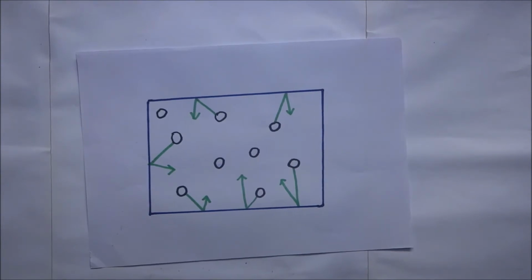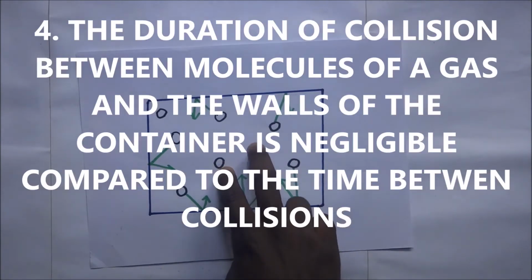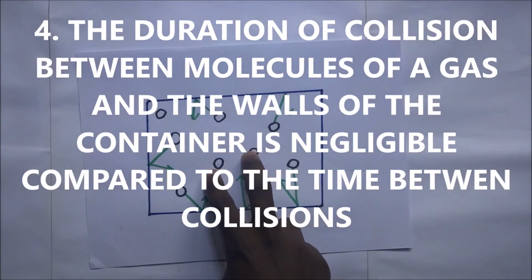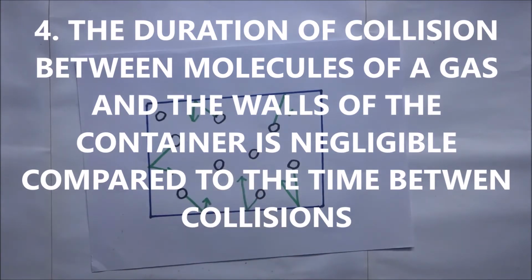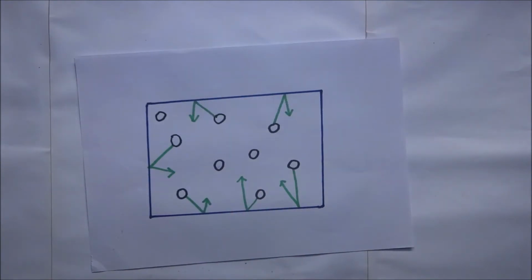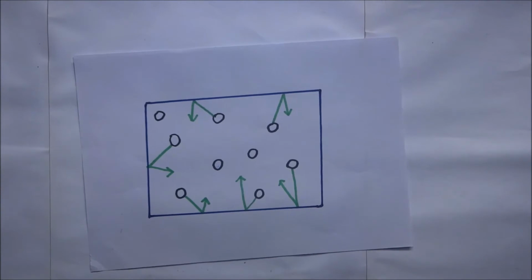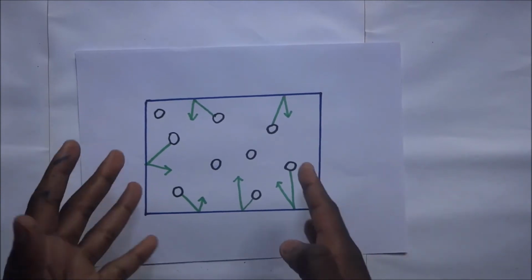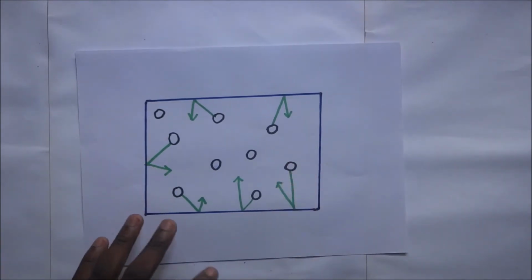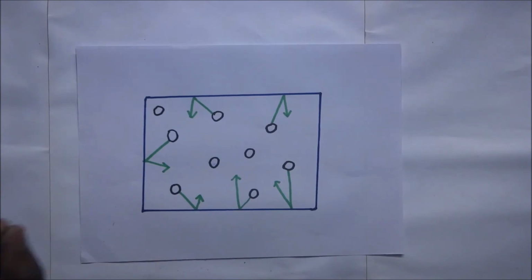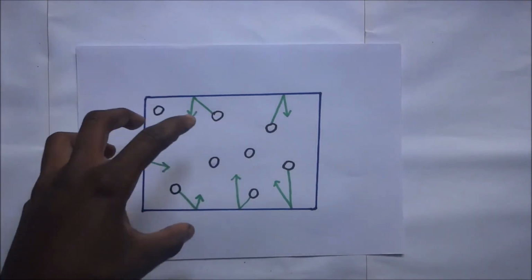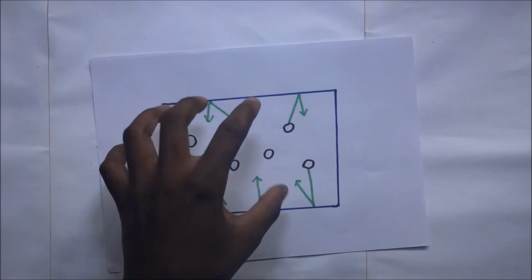Then the other assumption is that the duration of collision between molecules of the gas and the walls of the container is negligible compared to the time between collisions. So if the time between collisions is so negligible, it gives you an impression of how fast these are colliding and moving.